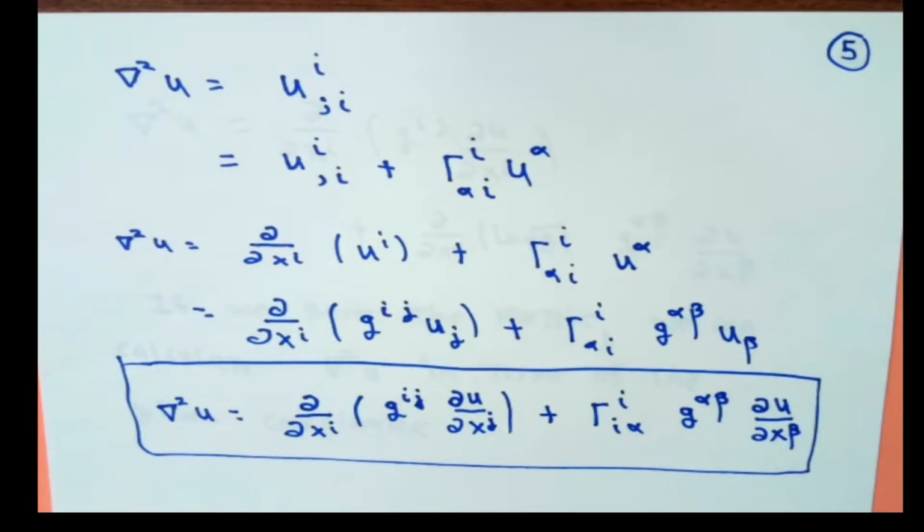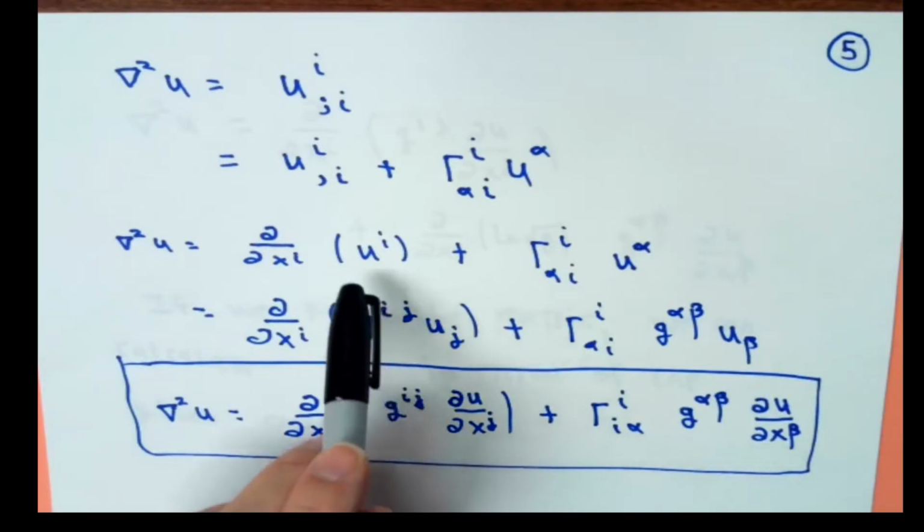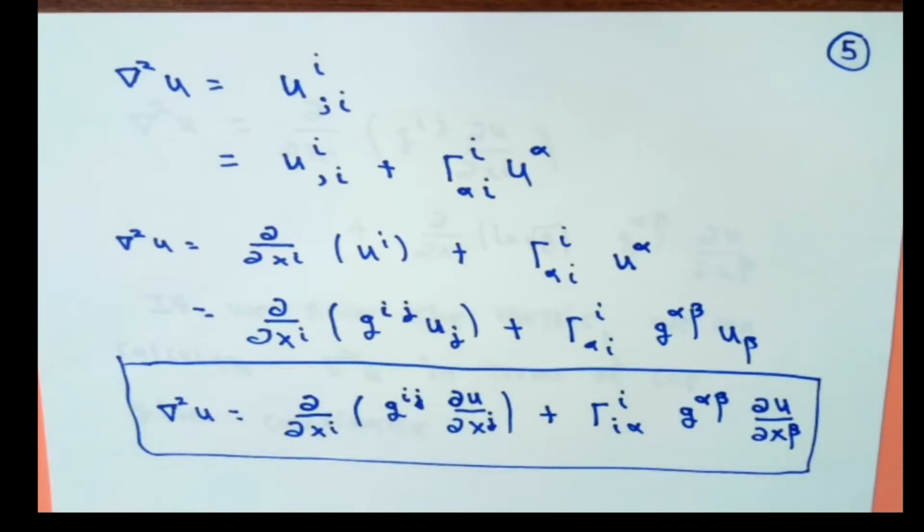Now, u with an index downstairs is a component of the gradient one form of u, but that's not what we have here. That is not an issue.